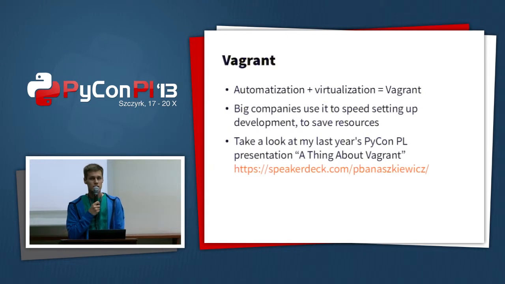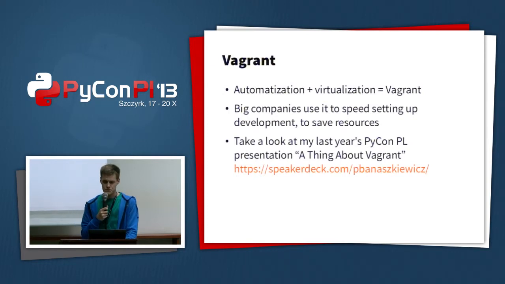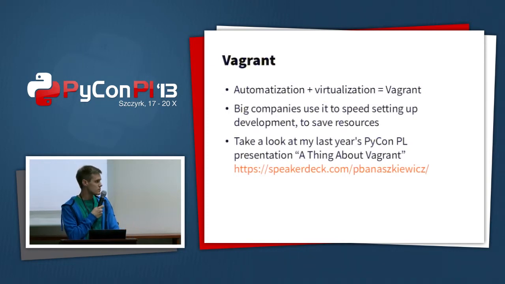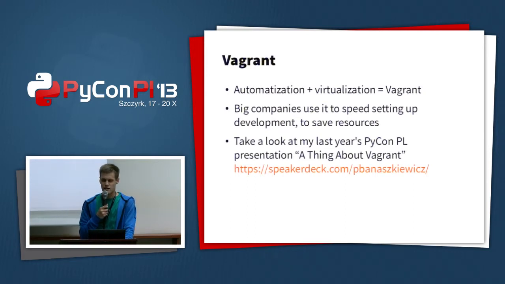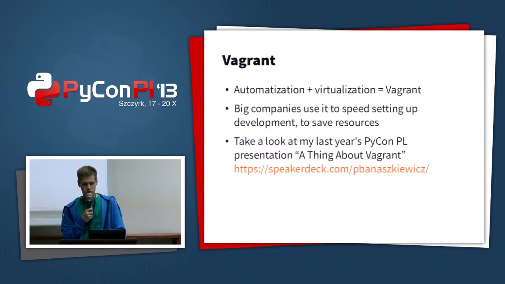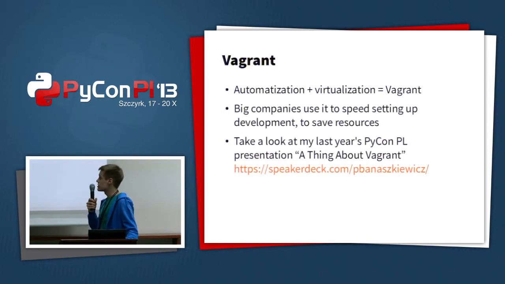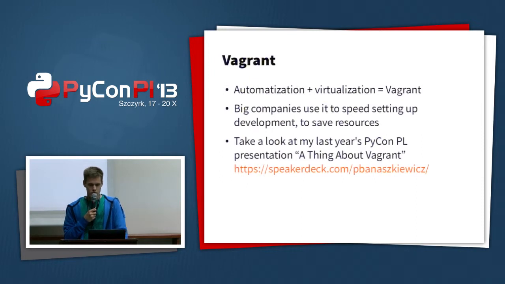Next one is Vagrant. I talked about Vagrant last year at PyCon PL 2012. If you go to vagrantup.com, which is the main page for Vagrant, you can see some really big names using it: Mozilla, Disqus, O'Reilly, and others, probably even GitHub. But what's so good about Vagrant? Why is everyone using it? Well, basically, Vagrant helps you to install your project on virtual machines.